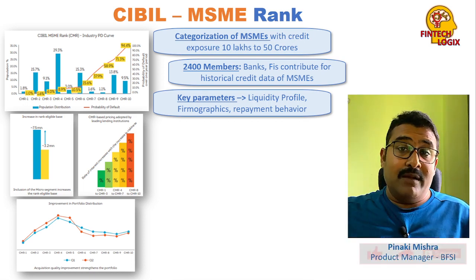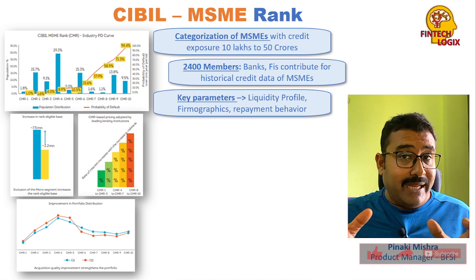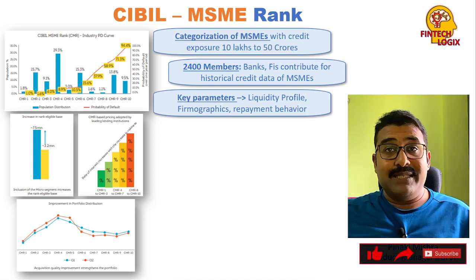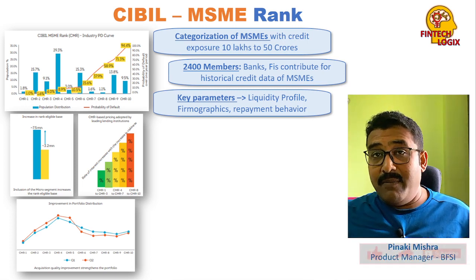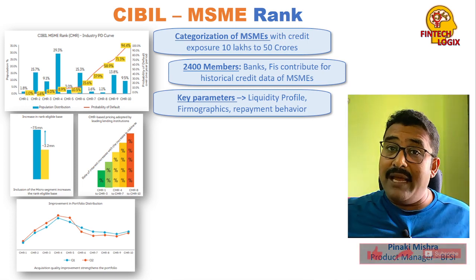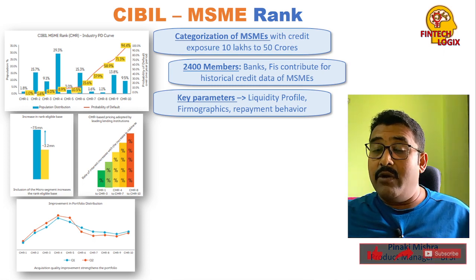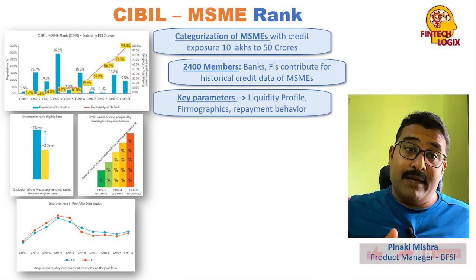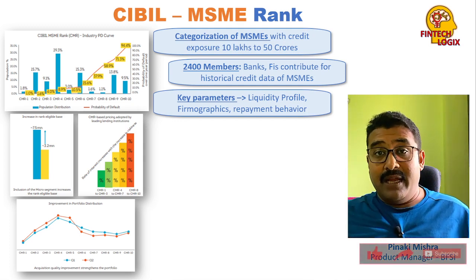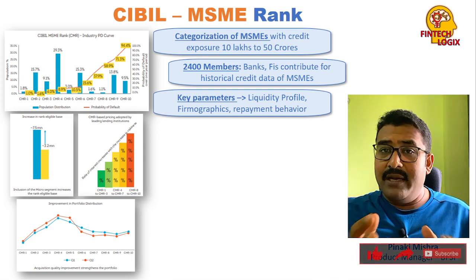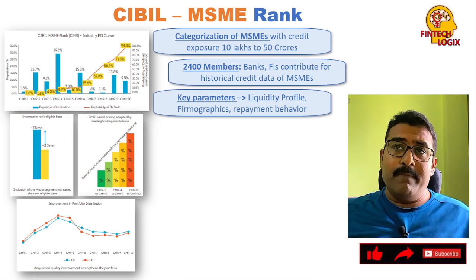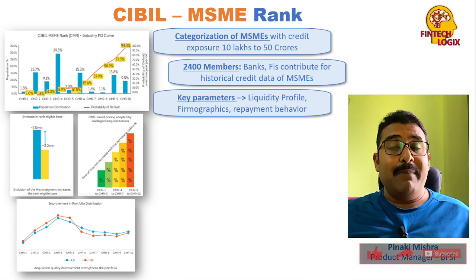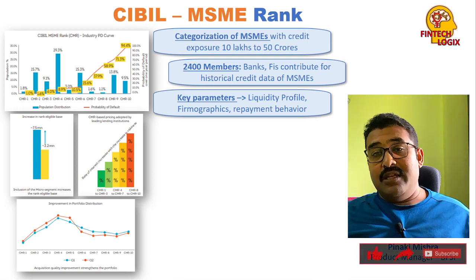So this is also a similar concept, taking a lot more parameters into account to create the liquidity profile of the MSMEs. Then firmographics information: what kind of business they are doing, where their address is, and whether there is an addition or a reduction in their number of places of operation. All that data is taken into account, along with the repayment behavior, which is the loan repayment behavior. So primarily these three sets of data are used to create this.